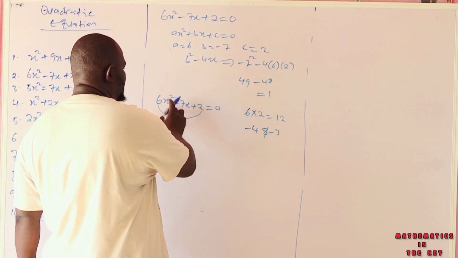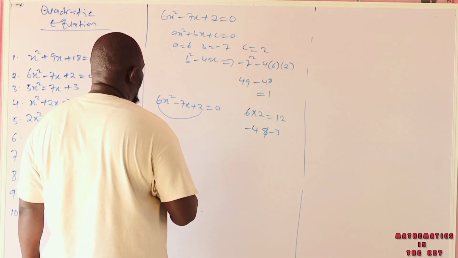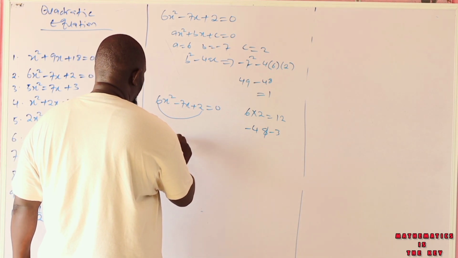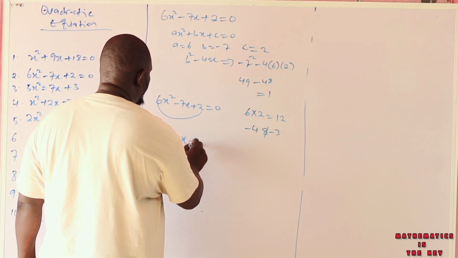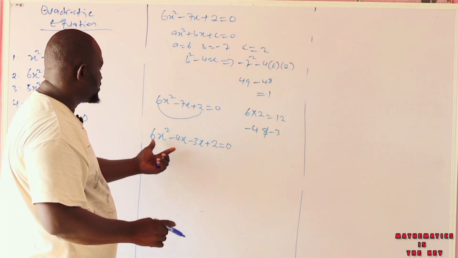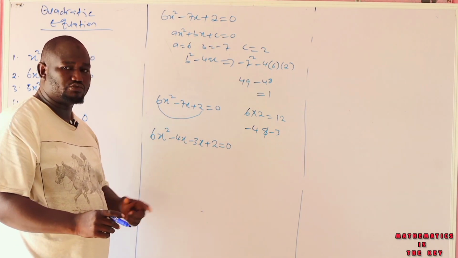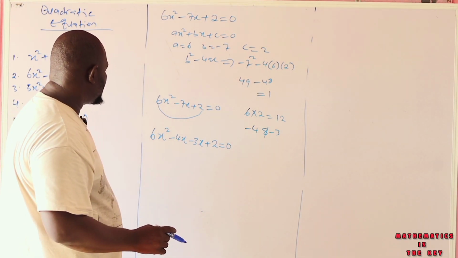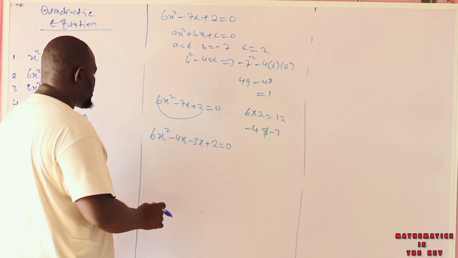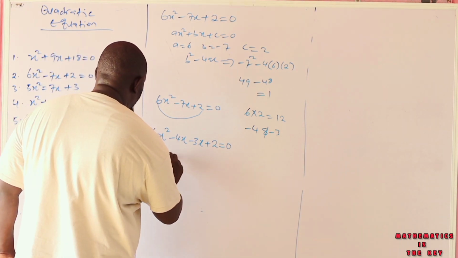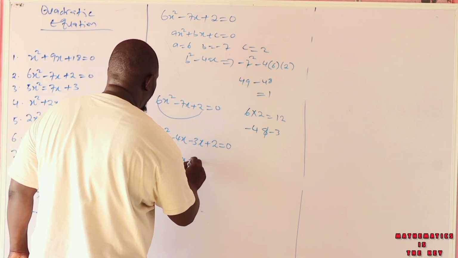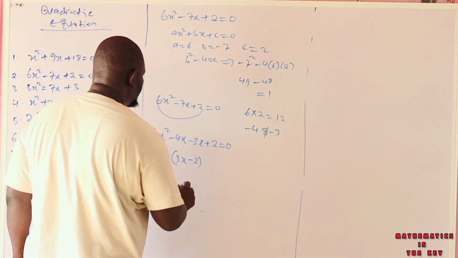So we replace this minus 7 with these two coefficients. We are going to have 6x squared minus 4x minus 3x plus 2 is equal to 0. We have 4 terms, which will be easier for us to factorize and simplify. In the first two terms, 2x is common. We factorize it out, 2x. Here we'll be left with 3x, and here we'll have minus 2.